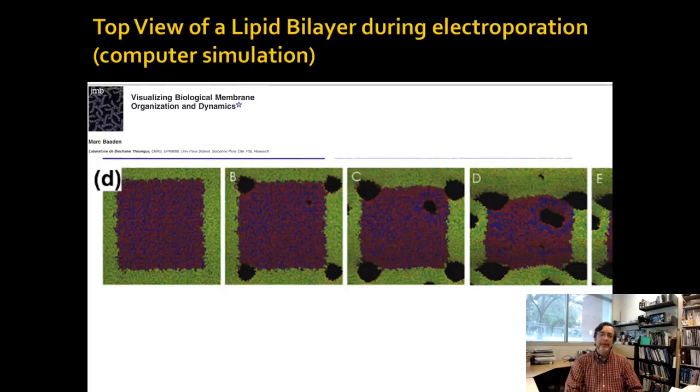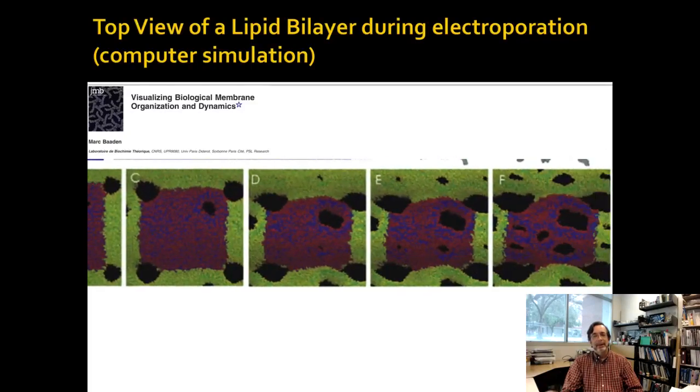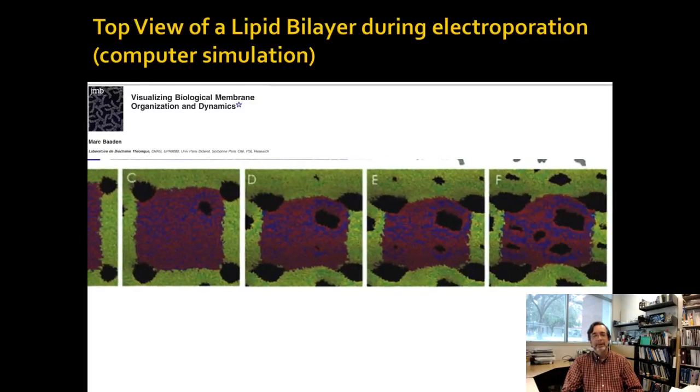And I don't know, this makes sense to me. You have the holes that are forming, and maybe they form on the edge of the raft. So I think that might be what they're showing here. Yeah, you can look over, and as you electroporate it, you create all these little holes for a second. But then the lipids flow back in, and the membrane heals. Life goes on.